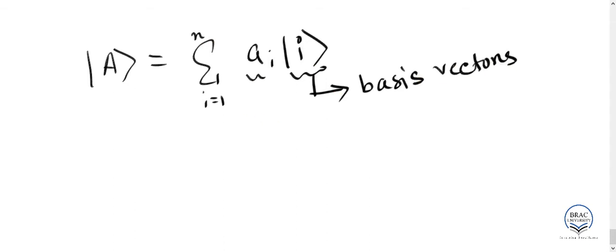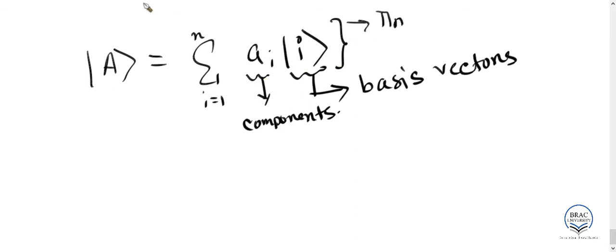In that sense, the a_i can be called components. Now we want to show that this expansion is unique.